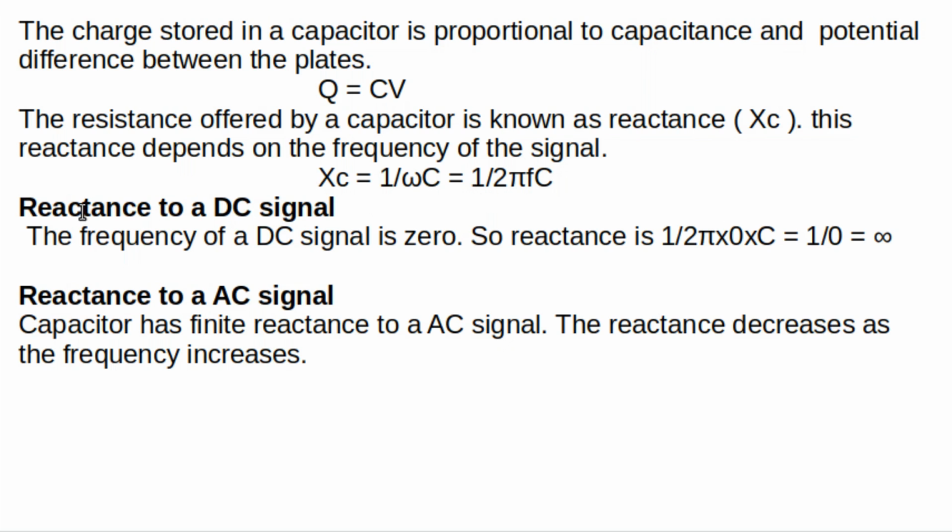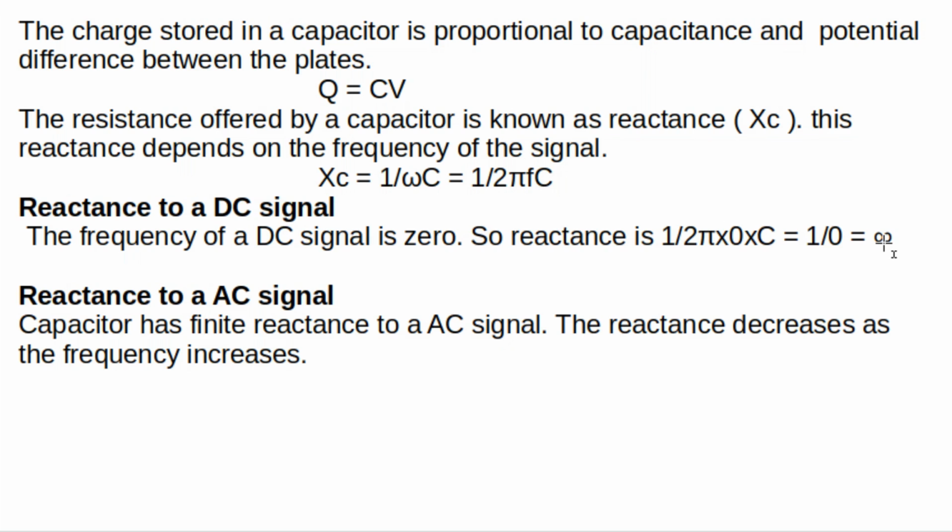Now what about the reactance of this capacitor to a DC signal? We know that the frequency of a DC signal is 0. So if we substitute that 0 for F, we get reactance equal to 1 by 0, or infinity. What does it mean?